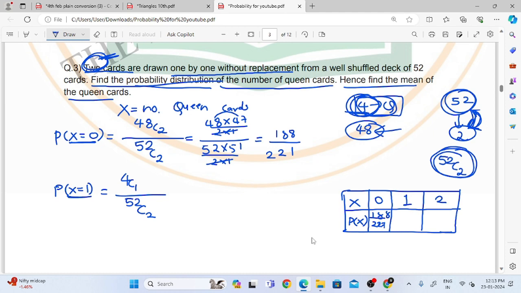So the other card we have to take from these 48, 48C1. Okay, so 4C1, that means 4 multiplied by 48C1, that means 48, upon 52C2, that means 52 into 51 upon 2 into 1.